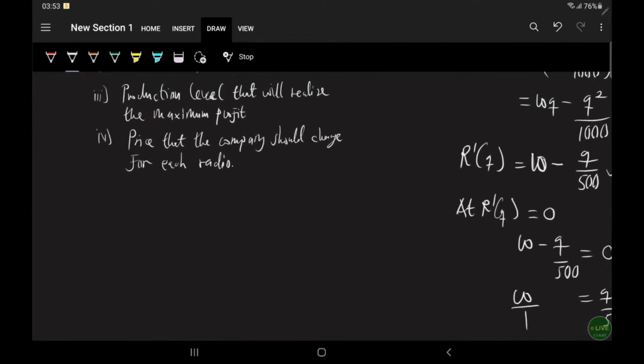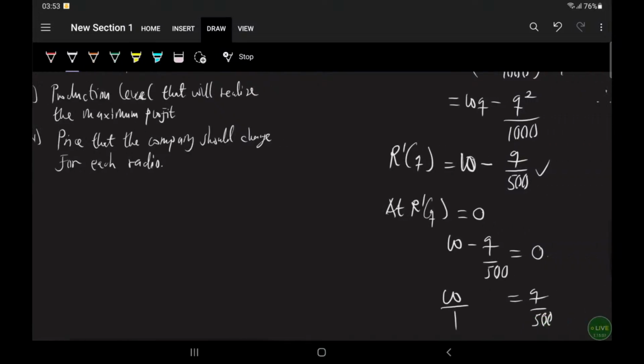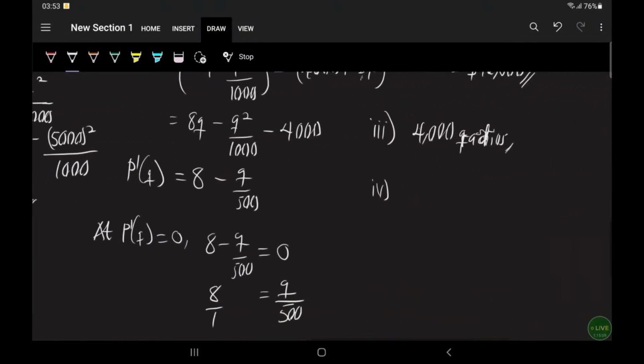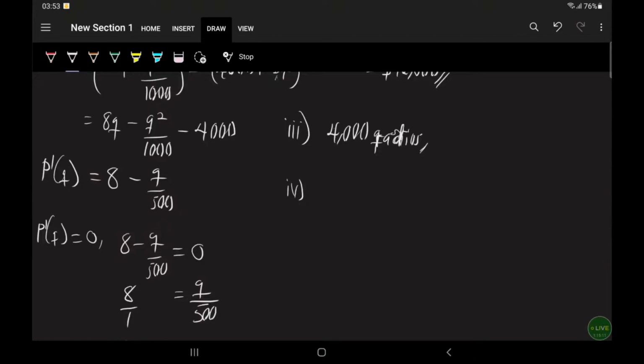the price that the company should charge for each radio. So the price that the company will charge for each radio is going to depend on the production level that they had at the end of the day. The production level that they had at the end of the day was 4,000.